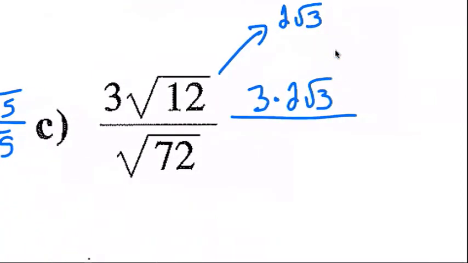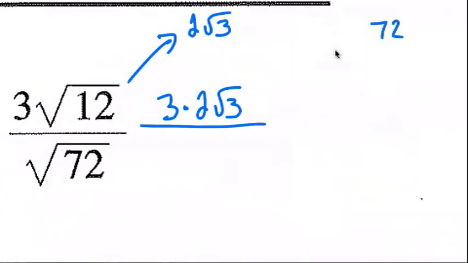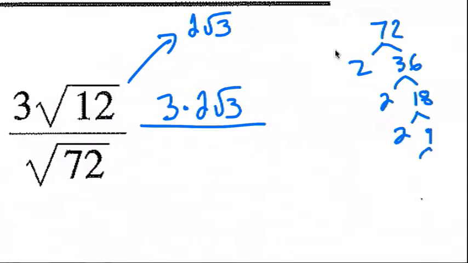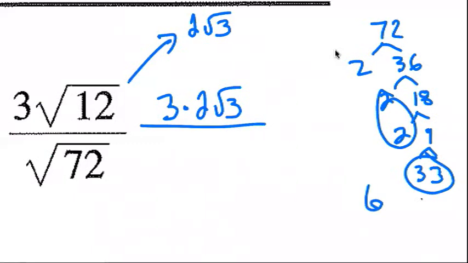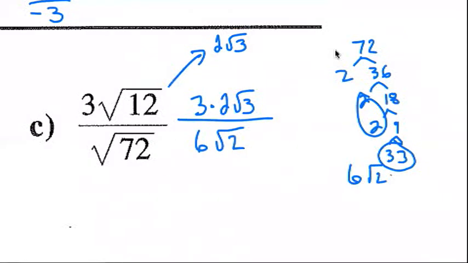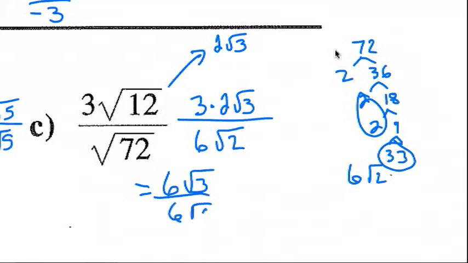Square root of 72. 72, 2 and 36. 2 and 18. 2 and 9. 3 and 3. There's a pair. There's a pair. That's 6 square root 2. So this becomes 6 square root 3 all over 6 square root 2.